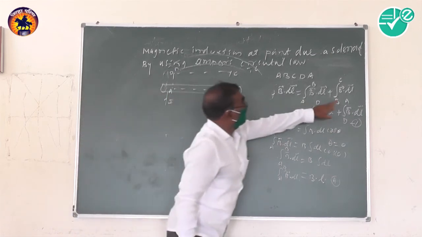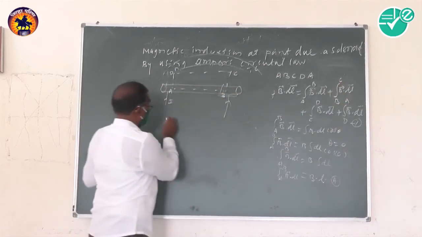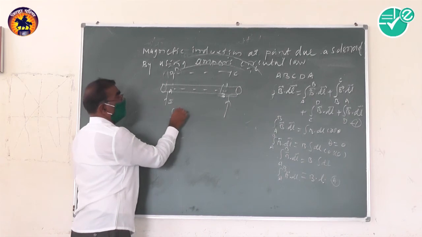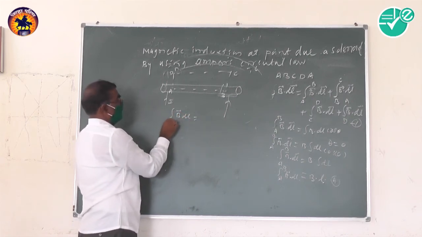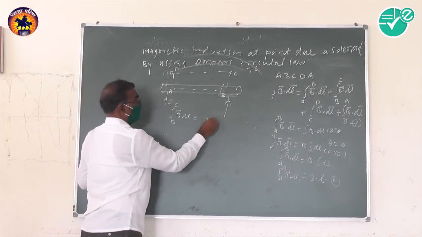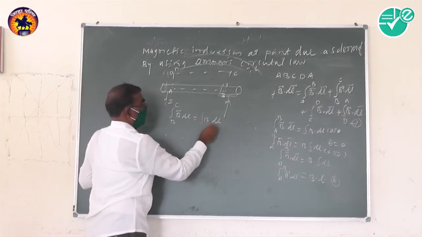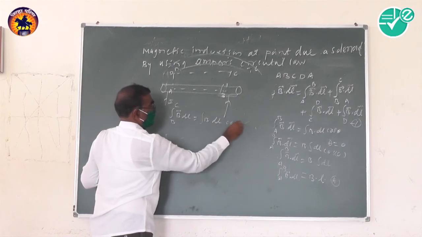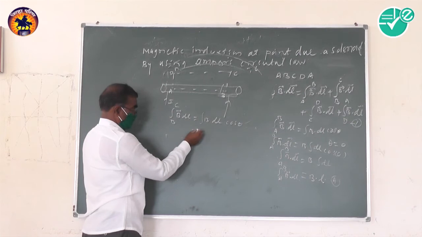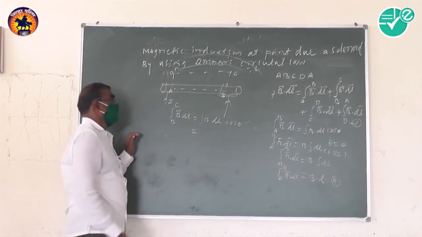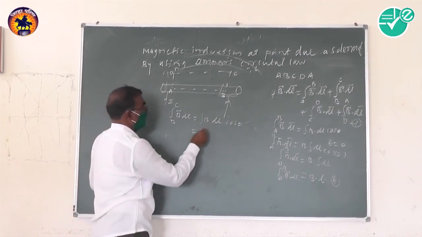Then the integration from B to C of B dot dl equals the integration of B dl cos theta. Here B is taken outside the integration.